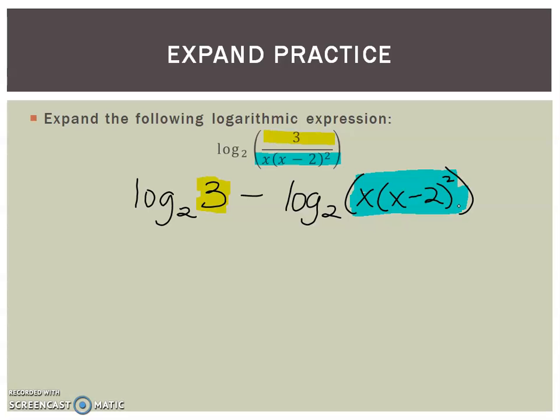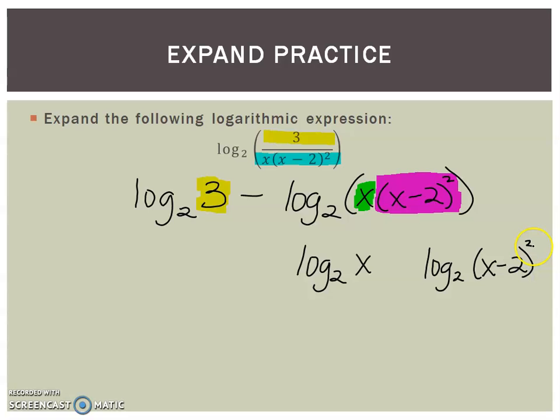Now I'm going to look for anything that is being multiplied. Well, I see an x here. And I see an x minus 2 squared here. So since those are being multiplied, they are going to be split up using addition. So I'm going to have a log base 2 of x and a log base 2 of x minus 2 squared.